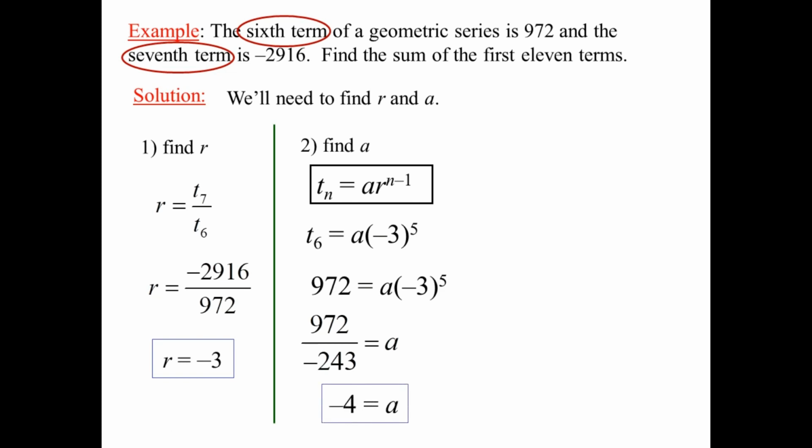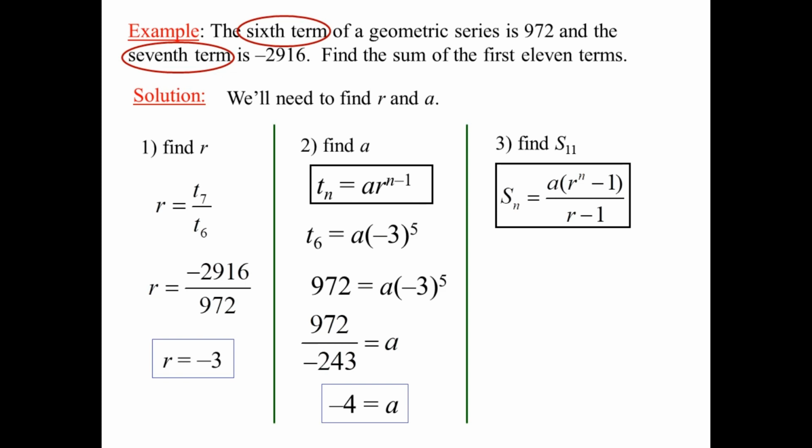Now we know R, and we know A. We're home free. Find S sub 11. There's our formula. We know N, we know A, we know R. Plug them all in. Carefully, notice on the bottom, negative 3 subtract 1 is going to be negative 4, and that's going to cancel nicely with that factor of the numerator.